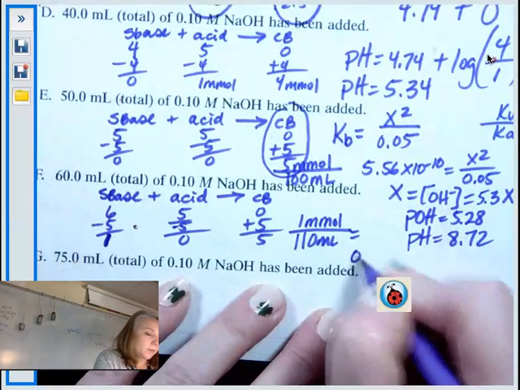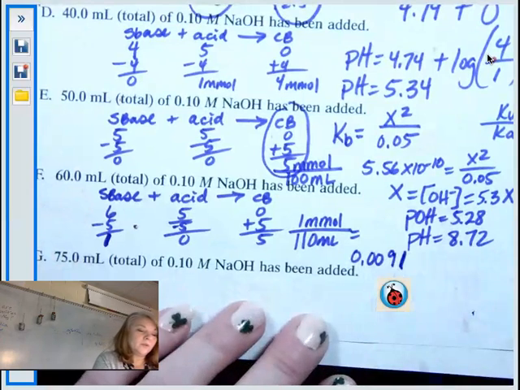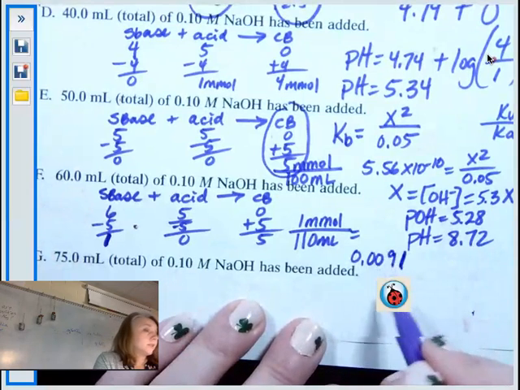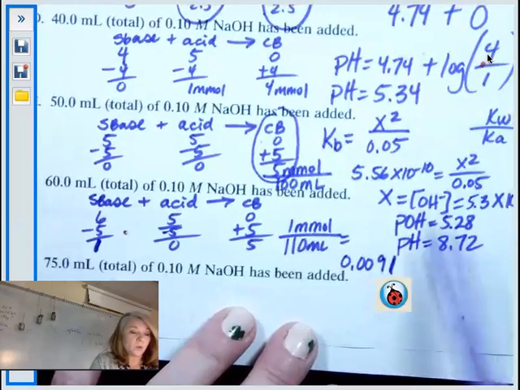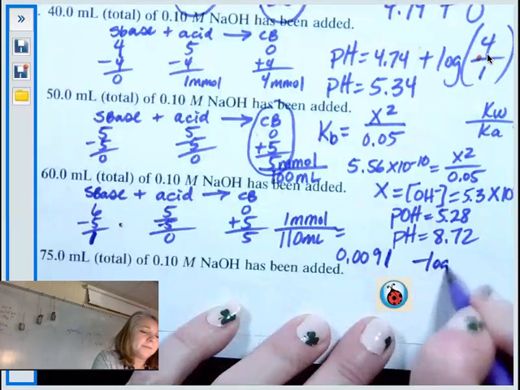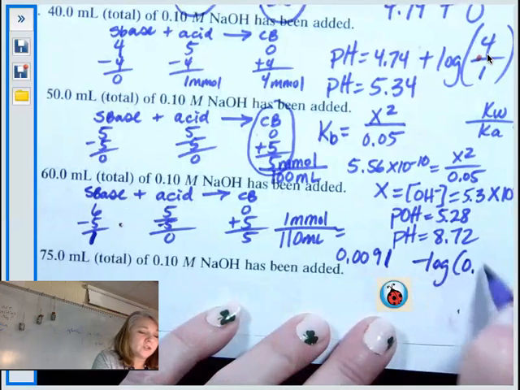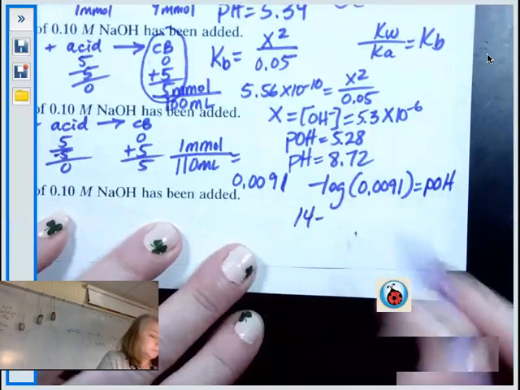Okay, so 0.009. I'm going to go ahead and call that a 1. And then because that's a strong system, we don't have to do Henderson-Hasselbalch. We don't have to do x squared. Just take the negative log of that. That's going to give you pOH, because that's a base. And then subtract that from 14.